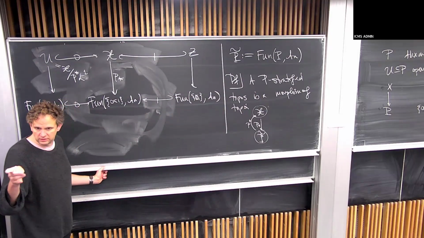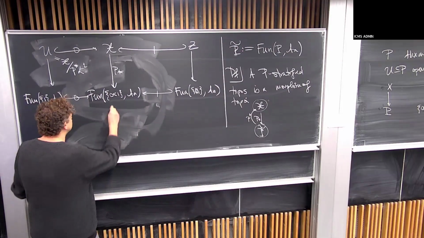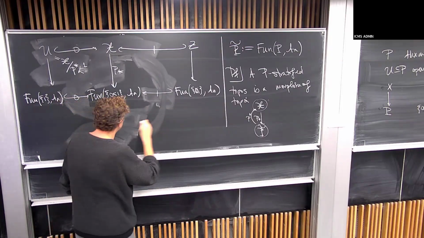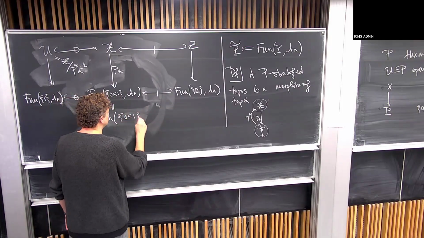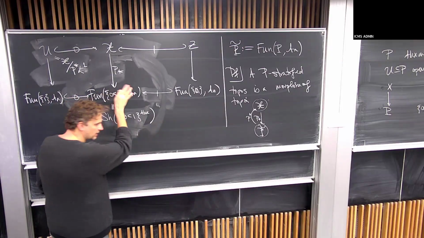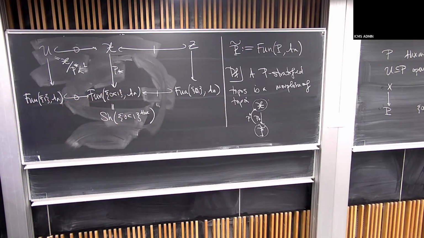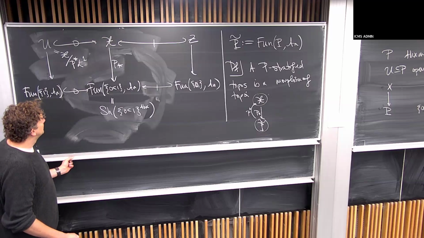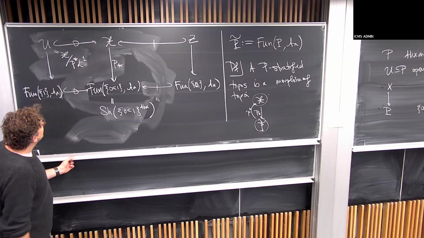Pursuant to the point that one of you made, this is also the category of sheaves on this topological space, with the Alexandrov topology. Are we buying that? Okay. I was trying to do a Grothendieck construction, but I think it doesn't work somehow.